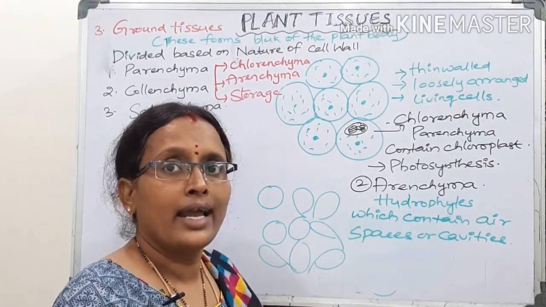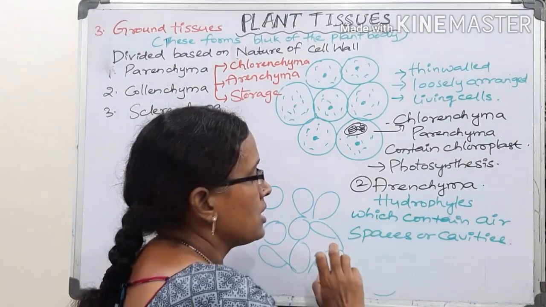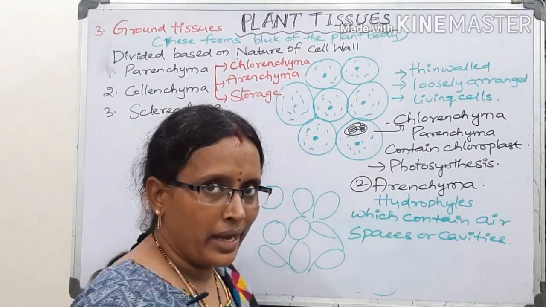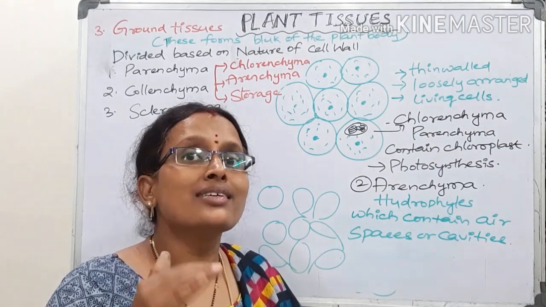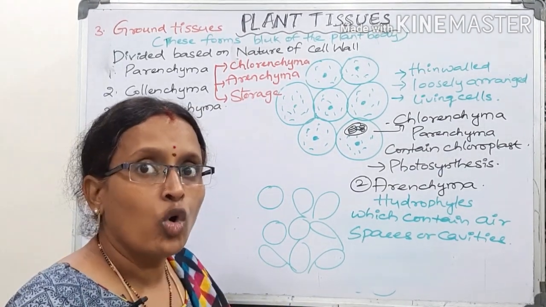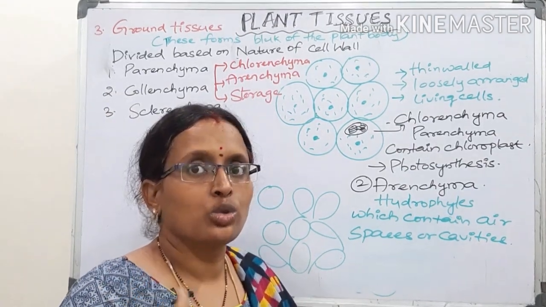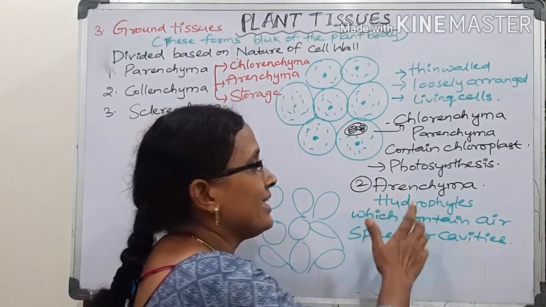That is one of the adaptations of hydrophytes. Aerenchyma is a type of parenchyma, but the cells are arranged very loosely, and more air spaces are present in between the cells. That is the reason they are called aerenchyma.